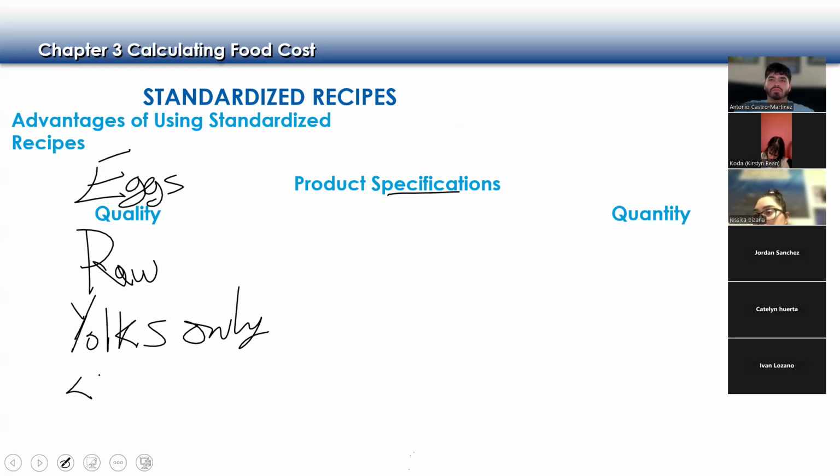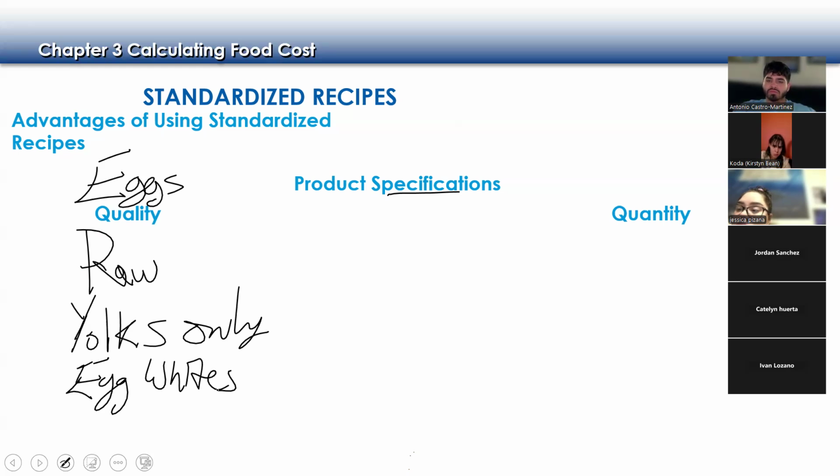We might have egg whites. What else? So yes, Caitlin, you are giving me boiled eggs and poached eggs. That's what we're going to do to the eggs, but we don't buy eggs poached. So what type of egg should we buy if we want to poach an egg?